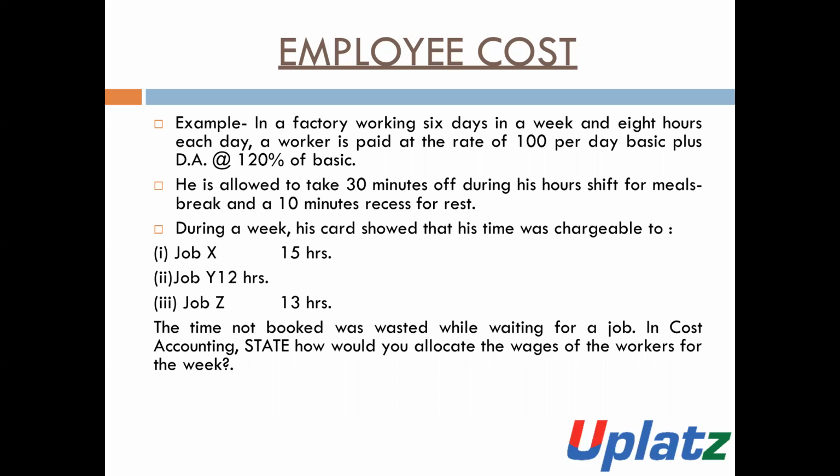The time not booked was wasted while waiting for a job. In cost accounting, state how you would allocate the wages of the worker for the week. Now, on the basis of this data, we will calculate the amount of wages to the worker for a week.